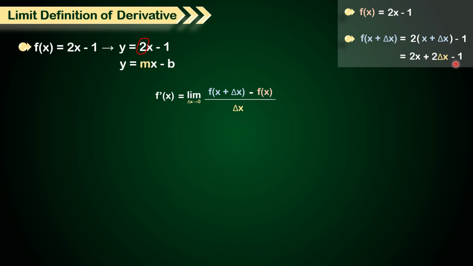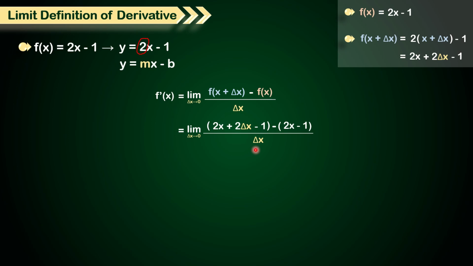Going back to the definition of derivative, substitute f of x plus delta x and f of x. The derivative is equal to the limit of f of x plus delta x, which is 2x plus 2 delta x minus 1, minus f of x, which is 2x minus 1, all over delta x as delta x approaches 0.